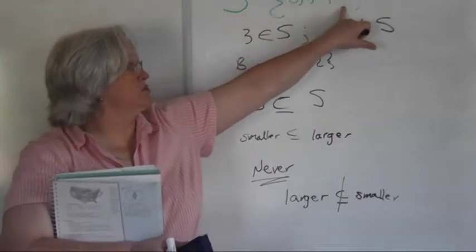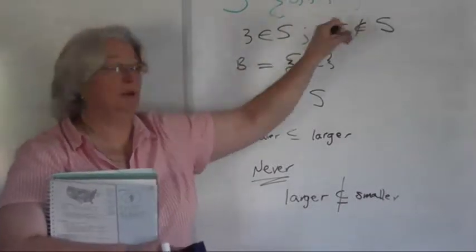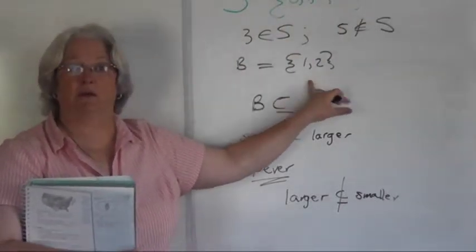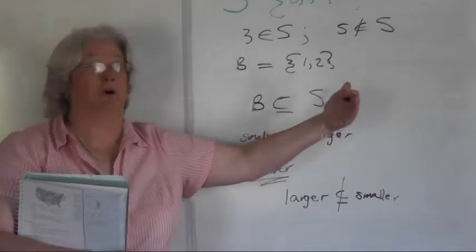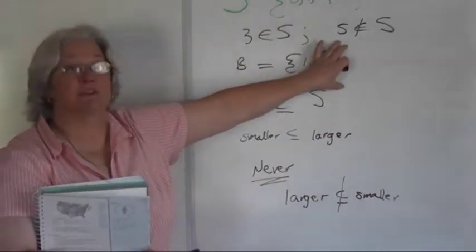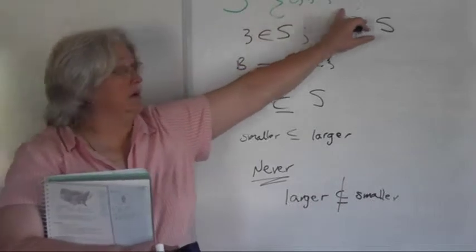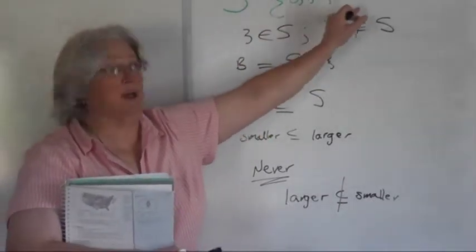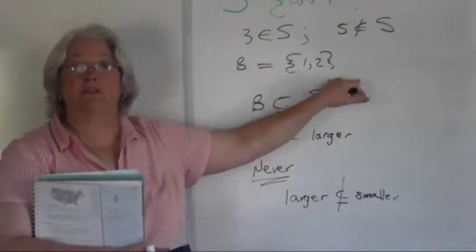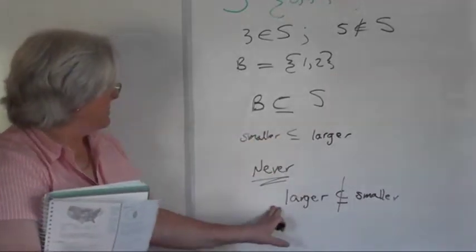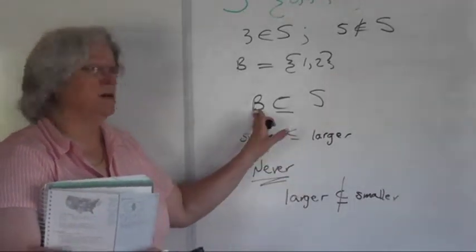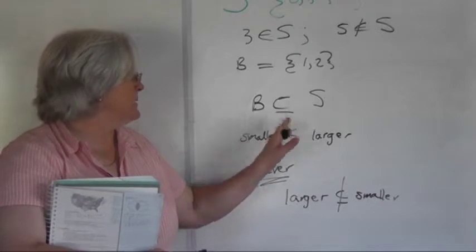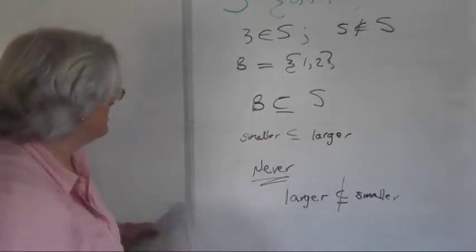You can't squish all of this, 0, 1, 2, 3, and find all of that in here. That's more of what we've been talking about. You can't fit God into our box. There's more to God, there's more to set S than there is to set B. So the smaller set will be a subset of the larger set.